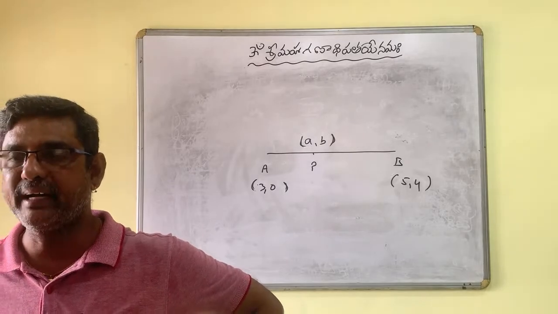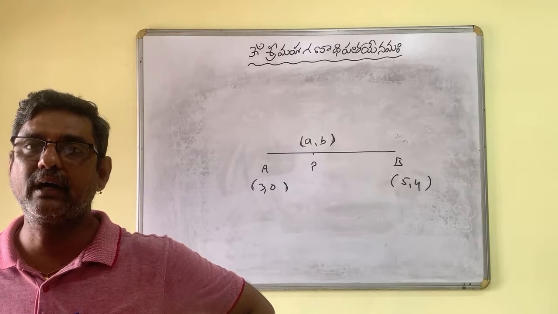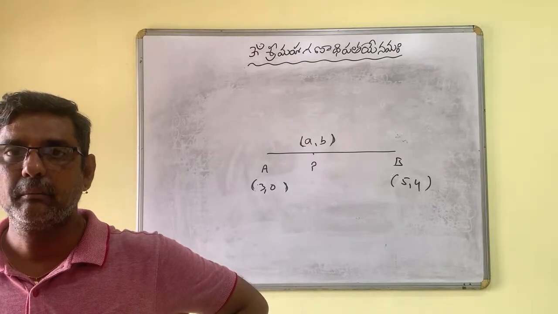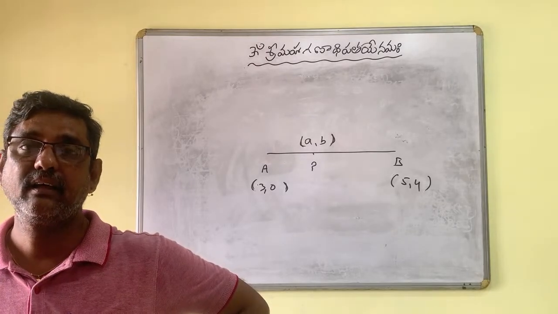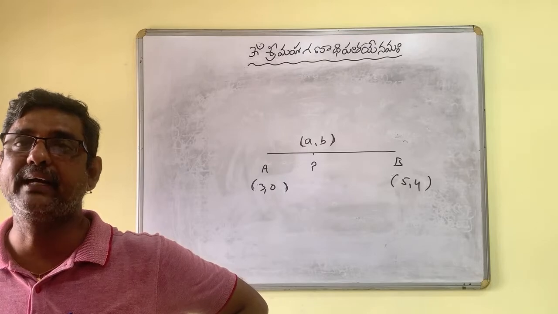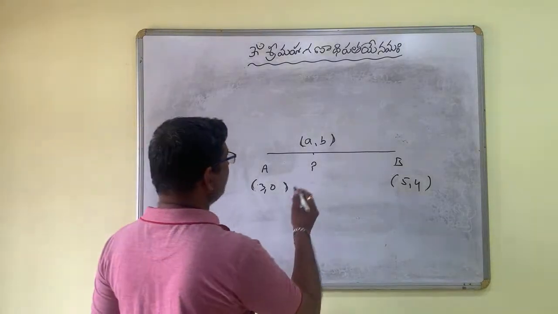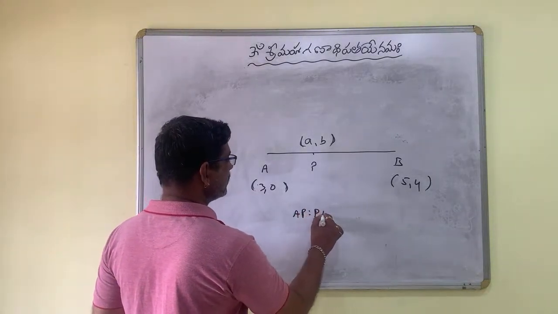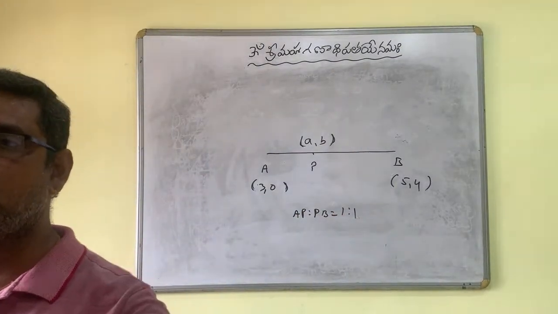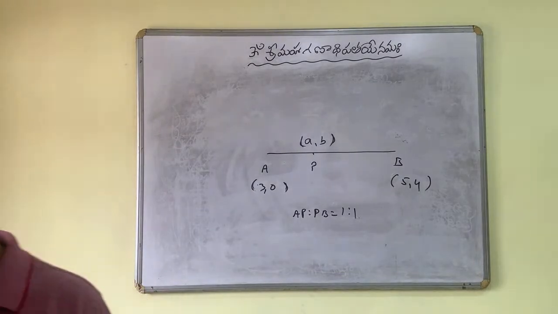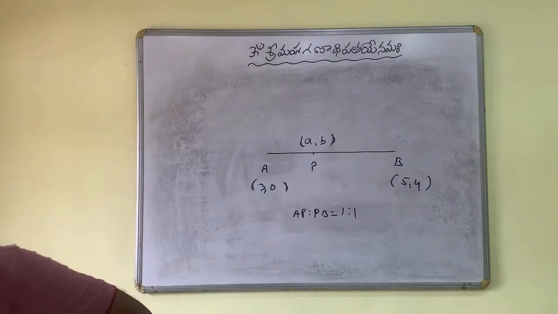You need to find the coordinates of P only, but the ratio is not given. But he gave a clue that P is the midpoint of AB. Since P is the midpoint, the ratio will be 1:1. Now find out P, children.